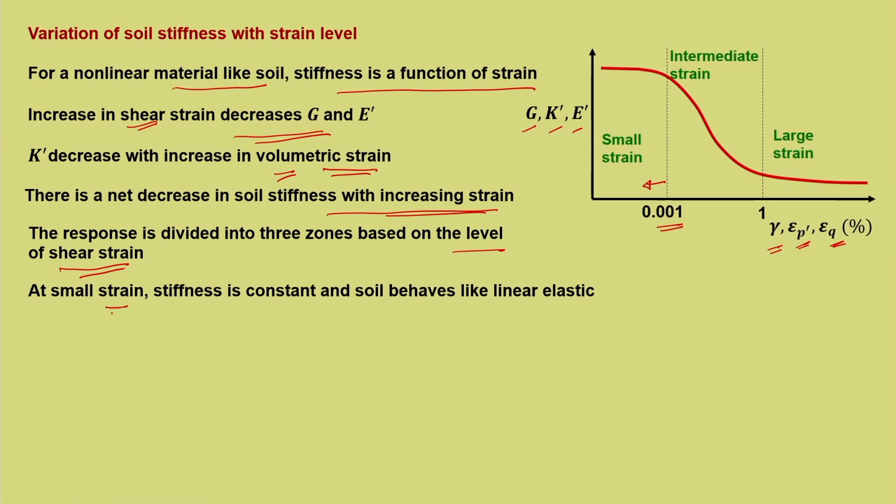At small strain, stiffness is constant and soil behaves like linear elastic. So, this is a linear elastic case where the response is stiff and we have very little volume change, or whatever amount of strain that is happening is quite small, and hence it remains more or less constant.